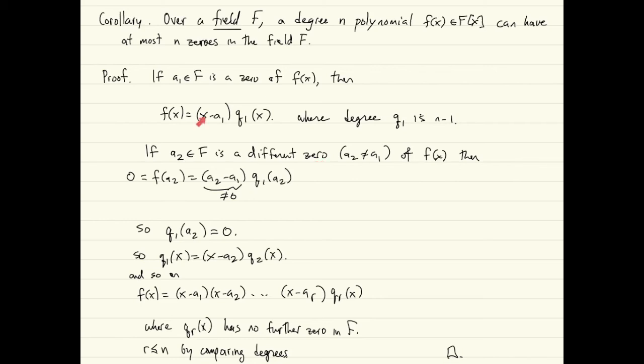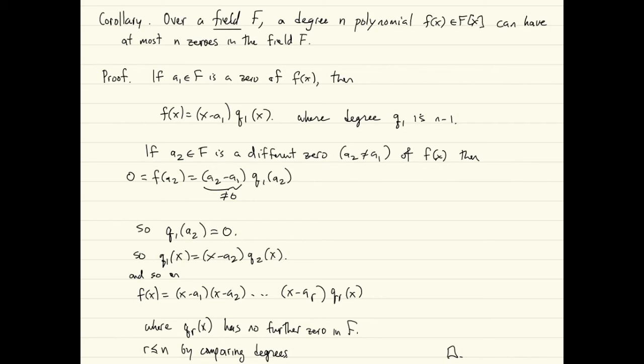And then a2 minus a1 is non-zero since we are assuming a2 is not equal to a1. And then x becomes a2. So what we get is that q1 of a2 times this number here is 0. Because we're working in a field, we can divide out by this number a2 minus a1, and what we get is q1 of a2 is equal to 0.